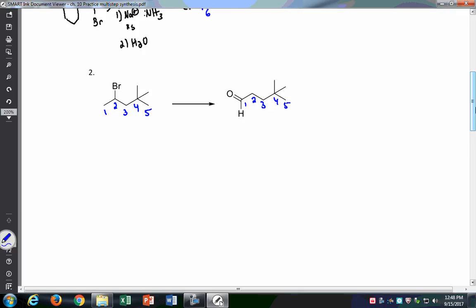Our other route we've talked about is ozonolysis of a double bond. Now, not of a triple bond. Why not? What is your product for ozonolysis of a triple bond?